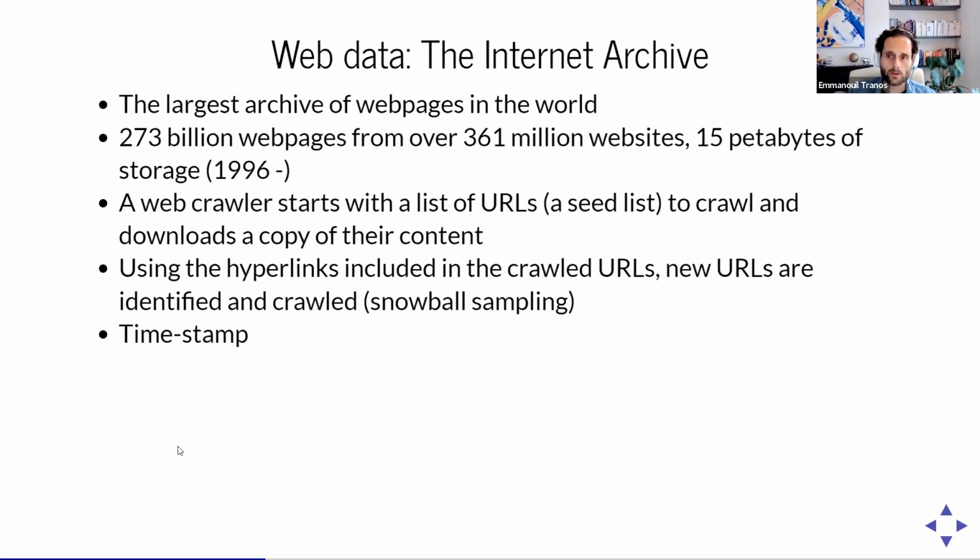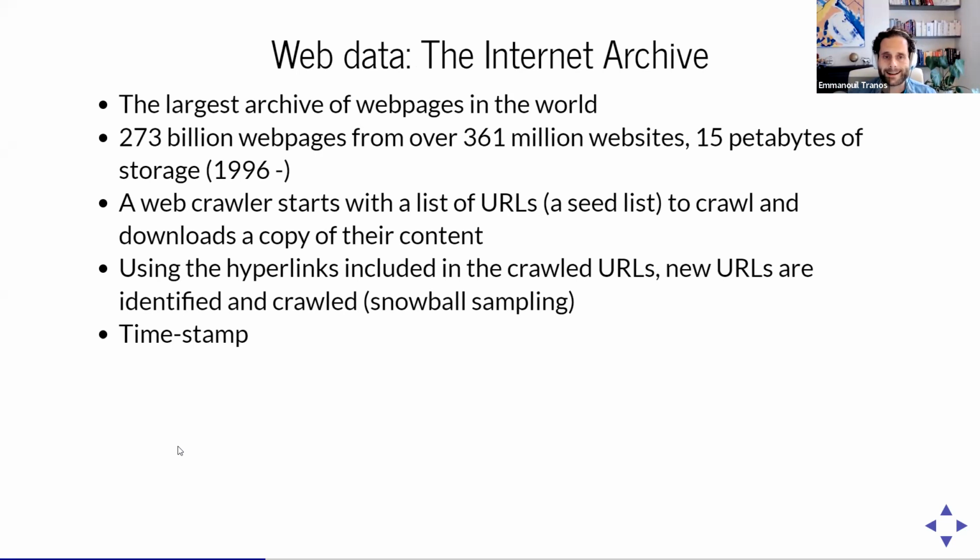I mentioned that we use web data. I wasn't very accurate. We are using archived web data, so not live web data, but web data that has been archived. More specifically, we use data from the Internet Archive. The Internet Archive is the largest archive of web pages in the world.